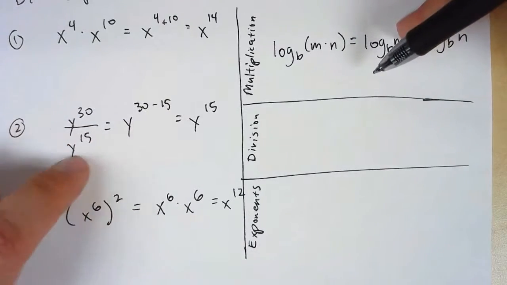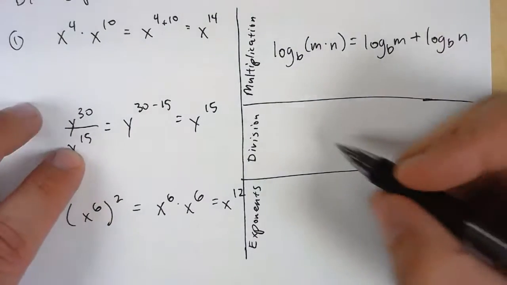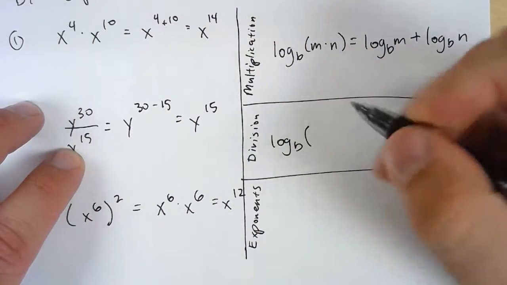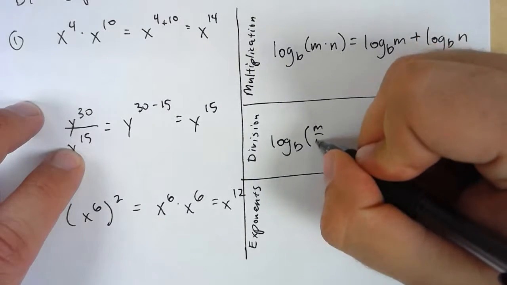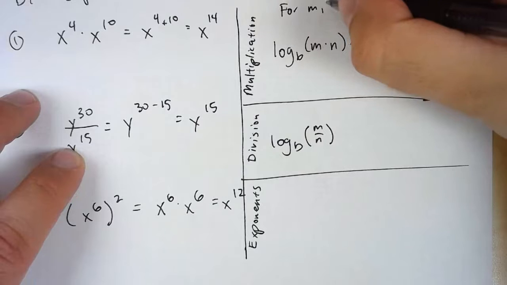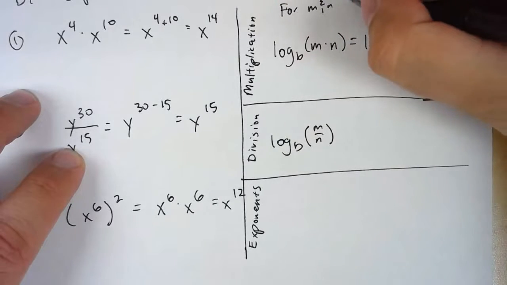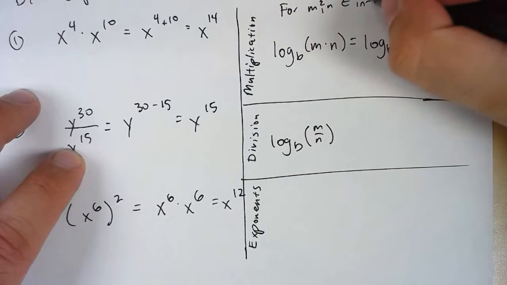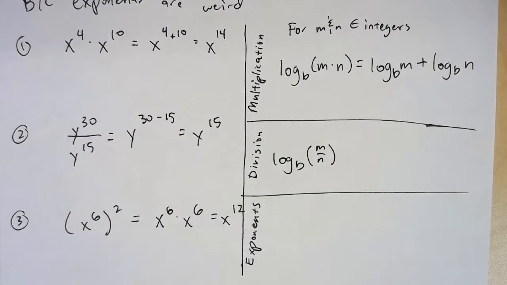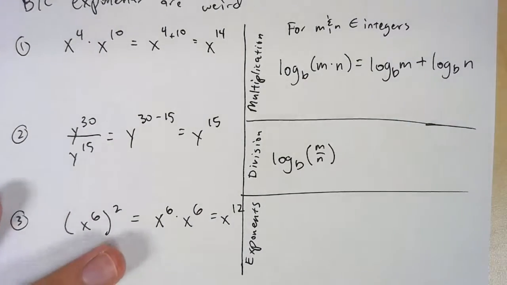So for division, if we have log base b of, let's say, m over n, and these just represent 2 integers, for m and n. It would probably work for other ones as well, but let's just work with integers right now.